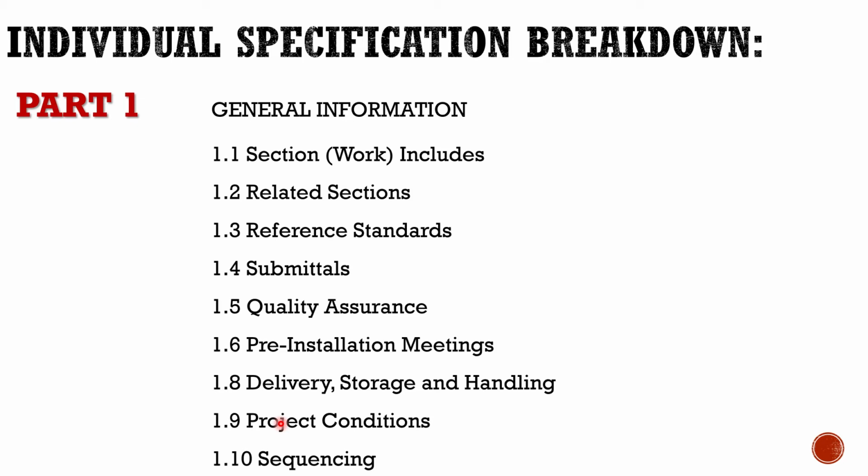Project conditions allow the subcontractor or whoever to properly estimate the cost to construct that. Can you imagine showing up on site and all of a sudden having to install that in a 100-foot hole? Obviously there's a lot of safety and more cost involved. So this whole section helps them prepare their estimate to construct it.